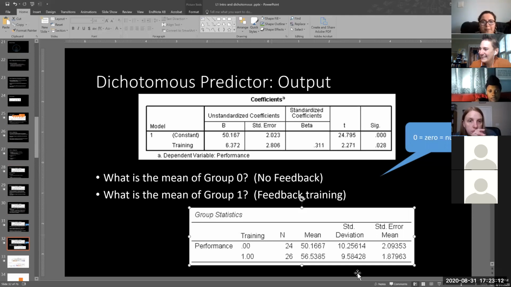I have 50.167, which is the same. That's how you can see that it matches up, because it's the estimate when the training is equal to 0. And in this case, when training is equal to 1, it's the difference between these two.